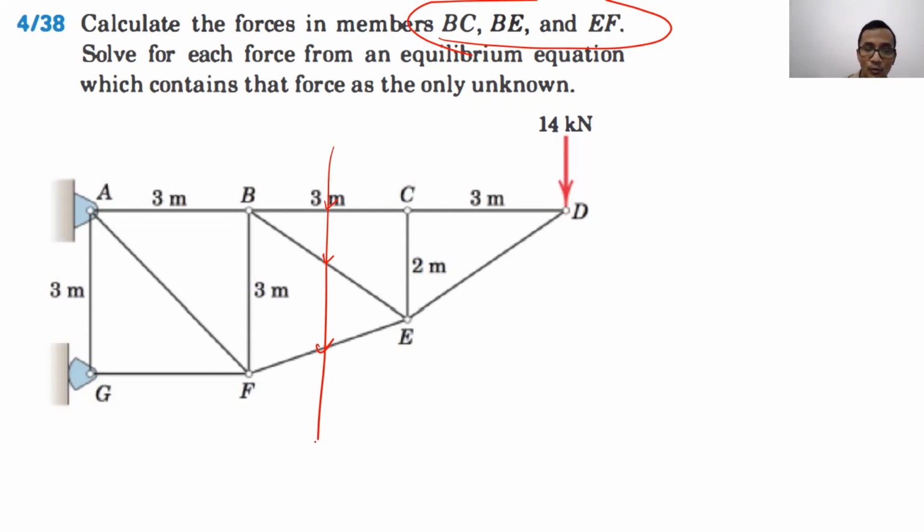Now we are left with 2 free body diagrams. The first free body diagram is this one, CDE, and the second free body diagram is this one, ABGF. Okay, this one.